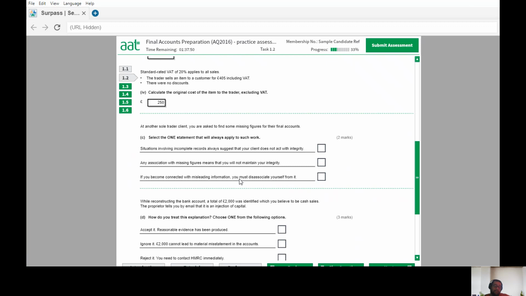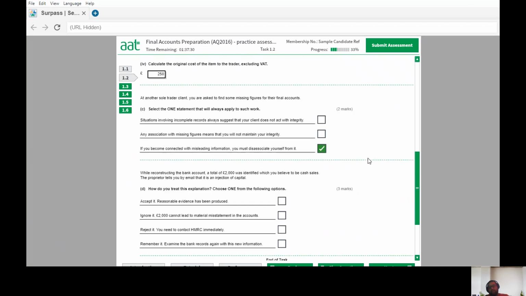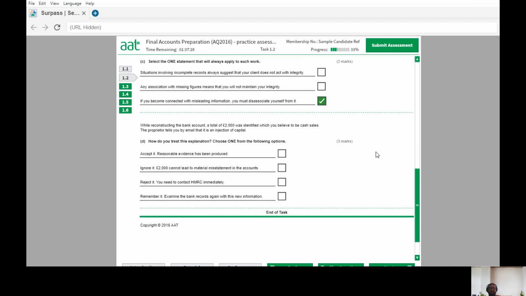That, on the other hand, is true. Why? Because you just don't want to incriminate yourself with any information which is not correct. This is misleading information, you should not be connected to that one. So that is the answer for that.